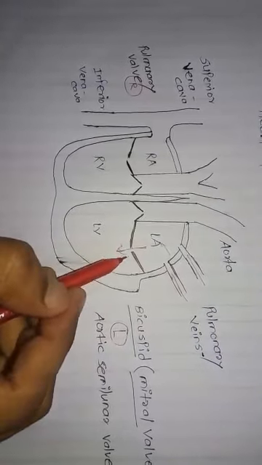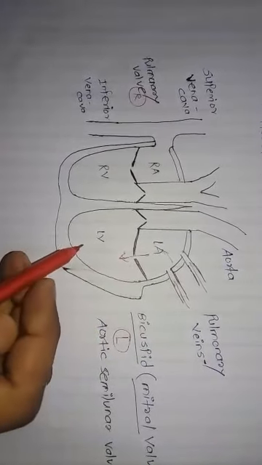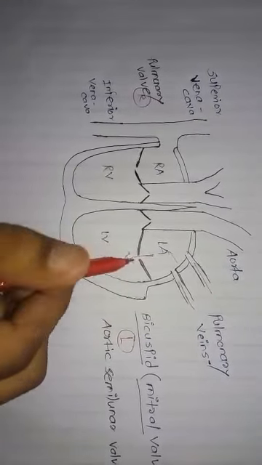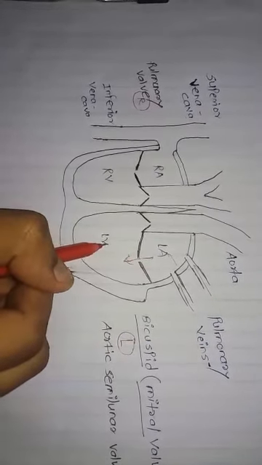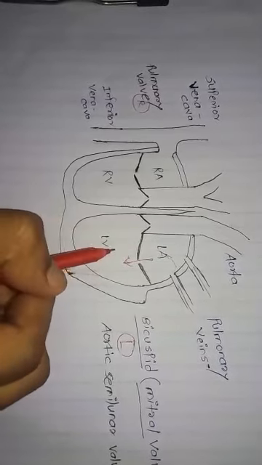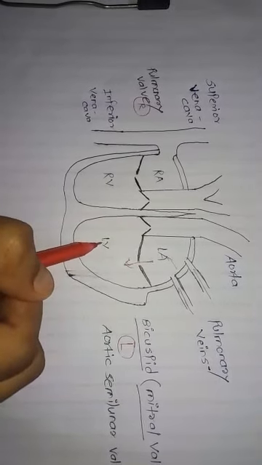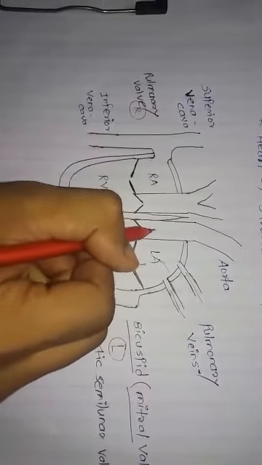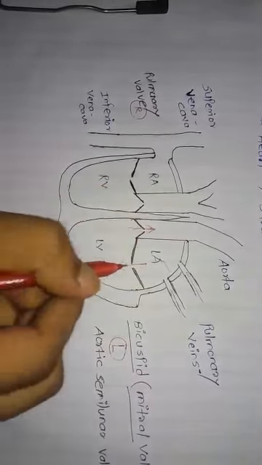From the left ventricle, blood goes into the aorta. When the left ventricle contracts, it ejects or pumps out blood into the aorta through the aortic semilunar valve.